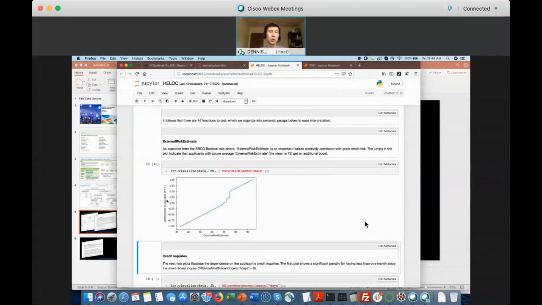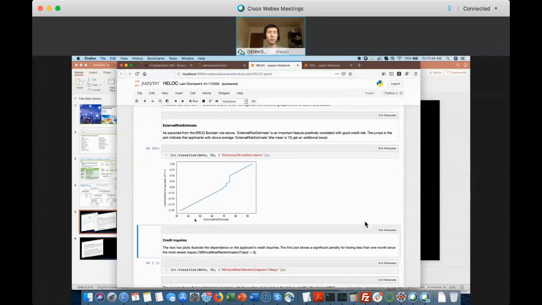So in short, just think of higher values as better credit risks, right? In this plot, as I promised you, this external risk estimate is positively correlated with being a good credit risk. So higher values are better.